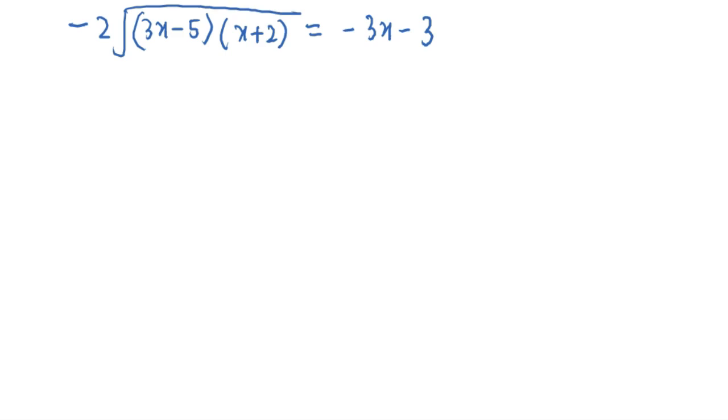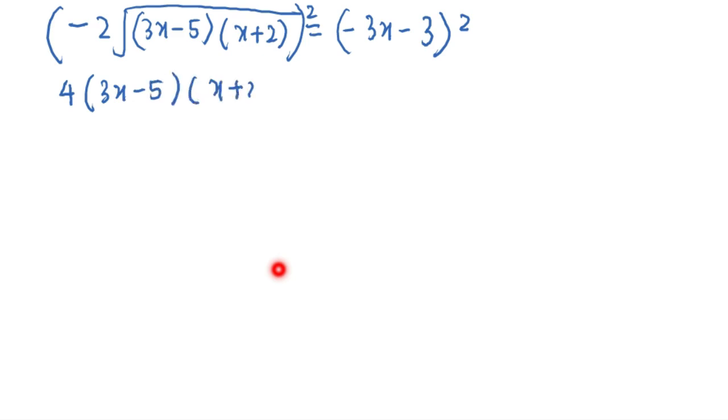Then to eliminate the cube root sign, we need to square both sides again. On the left hand side, if you square negative 2, you're going to get 4. Then if you square the single cube root sign here, the sign will be gone. So you just have 3x minus 5 and x plus 2 without the cube root sign. Then the right hand side, we're going to expand this bracket.